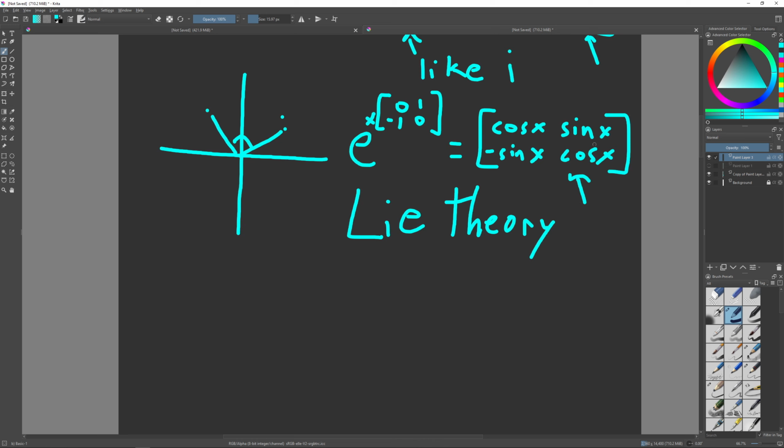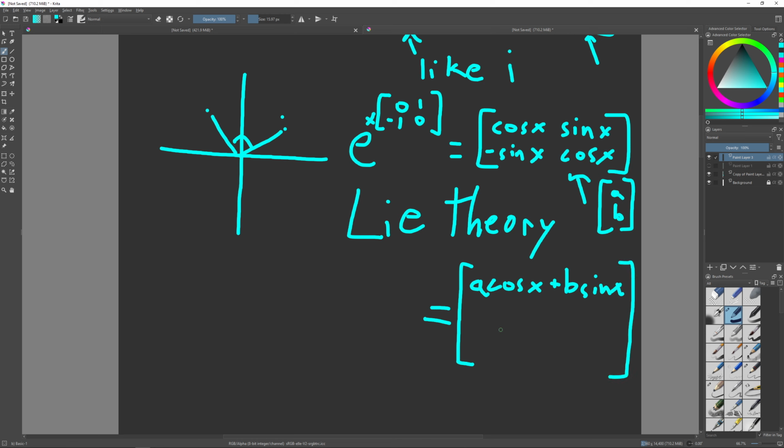So when you multiply times a vector, if you imagine that you're multiplying times a, b, you will get a times cosine x plus b times sine x, and the next one will be b times cosine x minus a times sine x.